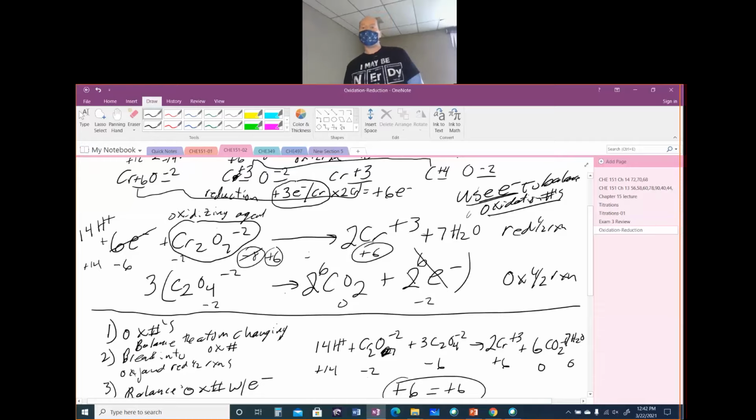And of course, the reactant of your oxidation half reaction is your reducing agent, not carbon. There's not carbon in either one of these. There is carbon as part of this molecule, but not just carbon. This entire reactant is your reducing agent.